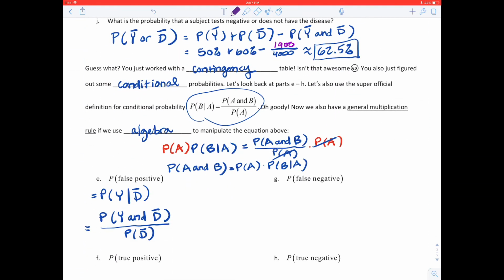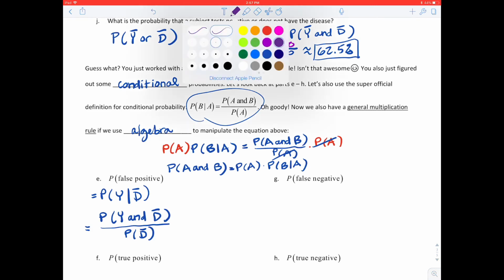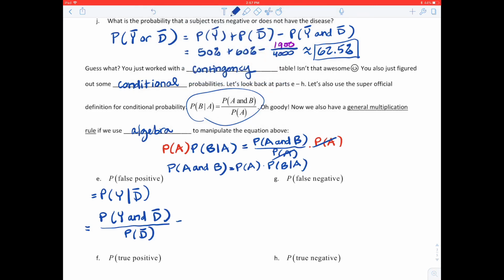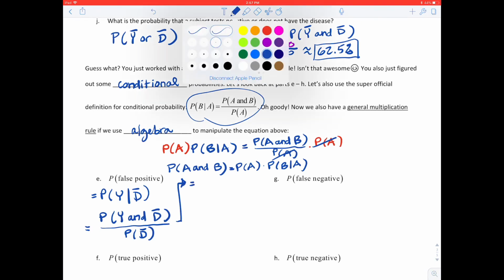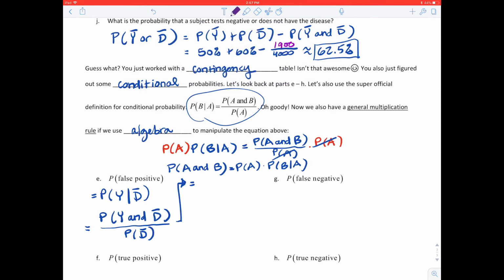That will be in the numerator. So 500 out of 4,000 divided by the probability that they don't have the disease, which I believe was 60%.